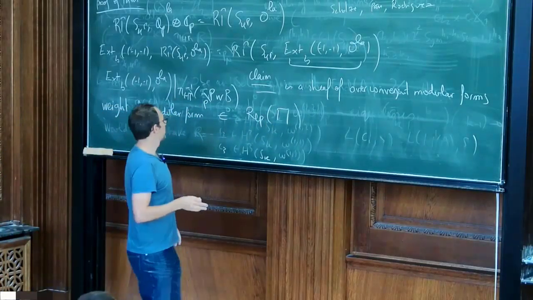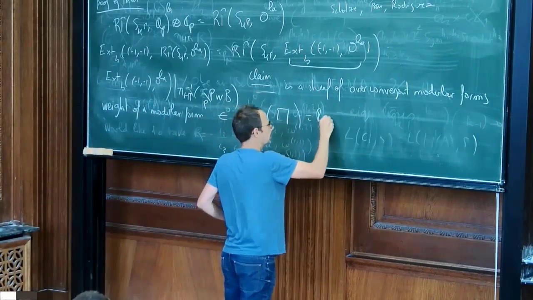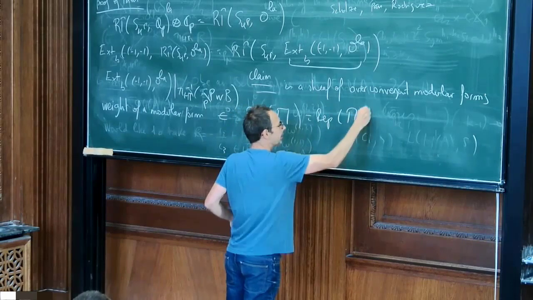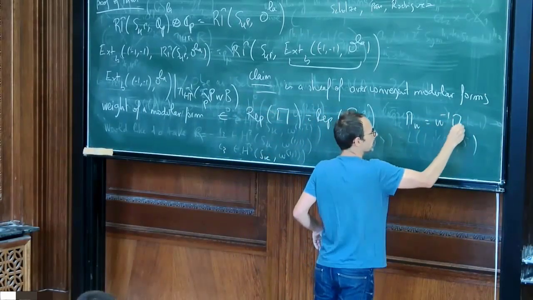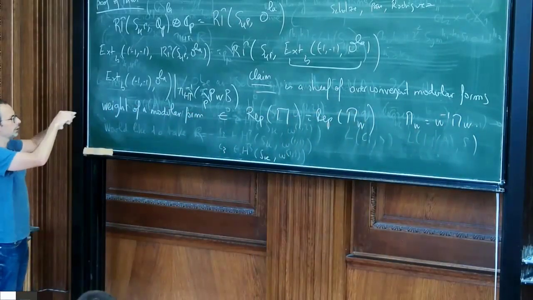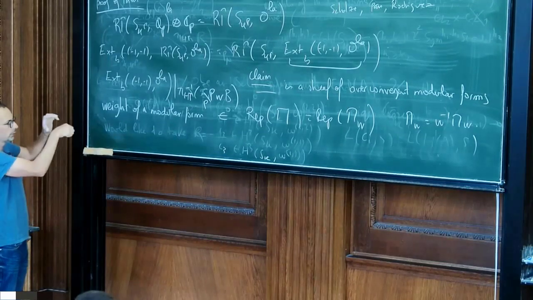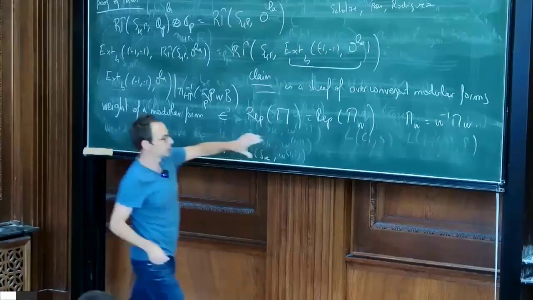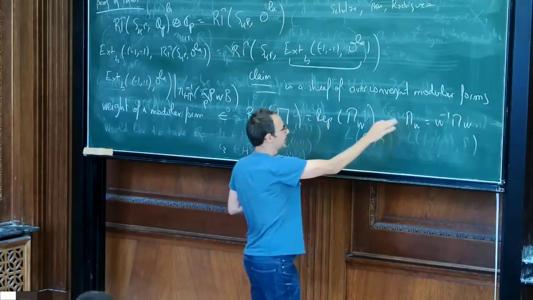But let me, instead of using M, use M_w, which is w^{-1} M w. Because I'm choosing the base point w on the flag variety, and therefore the Levi of the stabilizer of this point w is actually this conjugate Levi, so it's better that I use this.